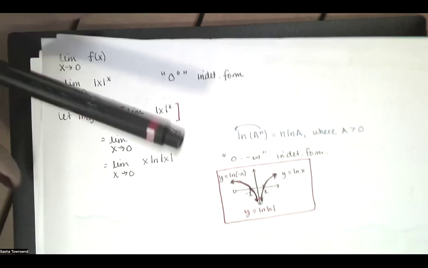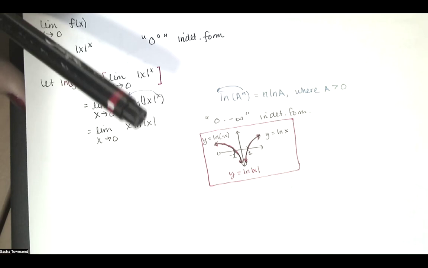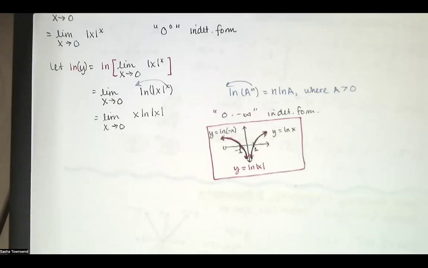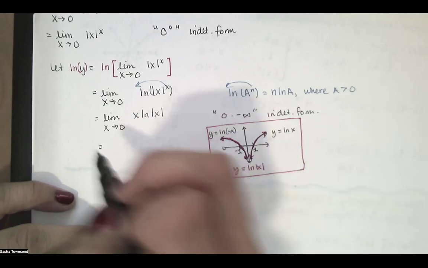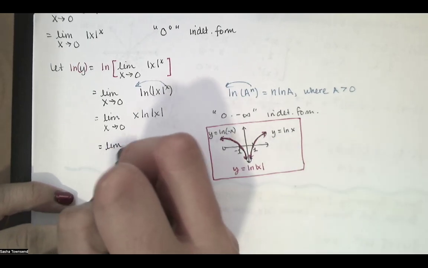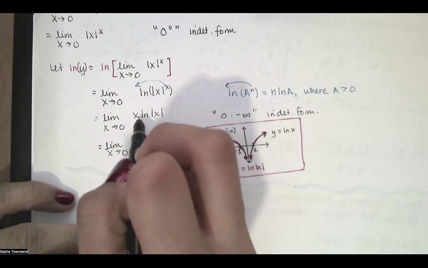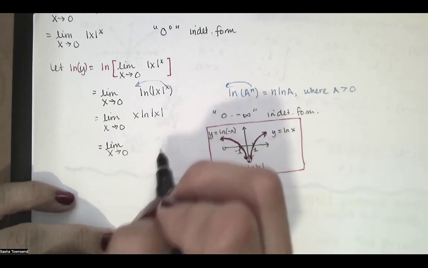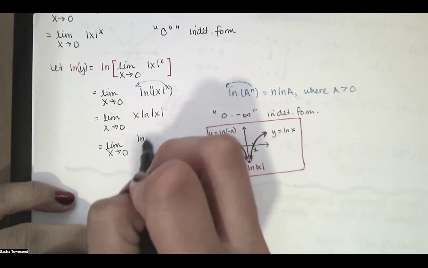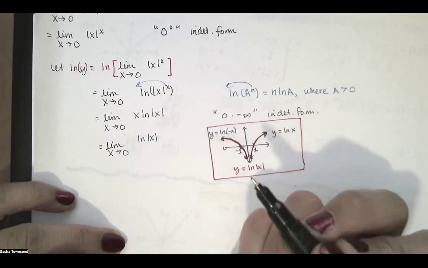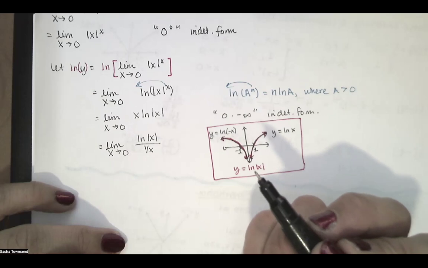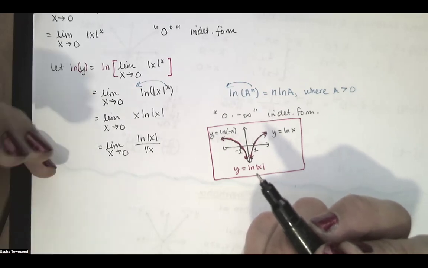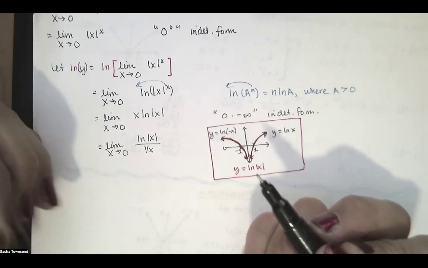All right. So we've got a 0 times negative infinity indeterminate form, and you might say, okay, how do I handle that? Well, we need to rewrite it so that we can use L'Hopital's rule. So we do what we always do. Instead of multiplying by something that goes to 0, we're going to divide by the reciprocal of it. So I leave the natural log of absolute value of x alone, and then I divide by 1 over x, because dividing by 1 over x is the same as multiplying by x.